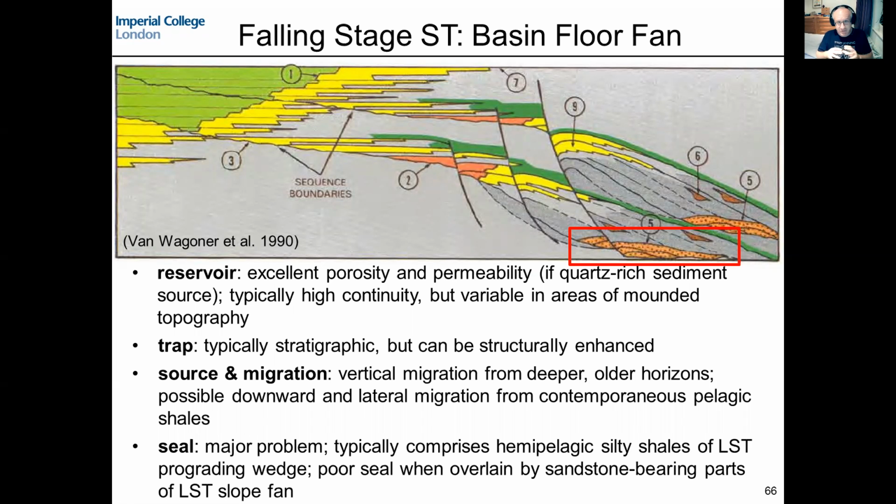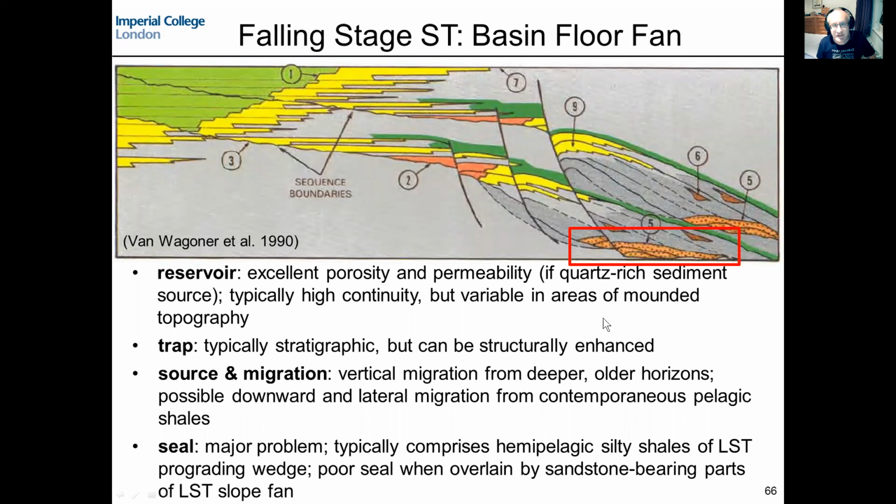Those stratigraphic traps can be enhanced structurally. For example, we can have differential compaction of fine-grained mudstones around the sandy fan, and that can exaggerate the original stratigraphic trap geometries.